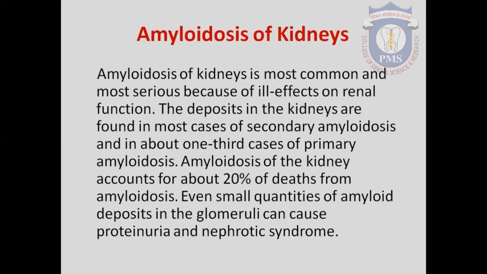Amyloidosis of the kidney accounts for about 20% of deaths from amyloidosis. Even small quantities of amyloid deposits in the glomeruli can cause proteinuria and nephrotic syndrome.